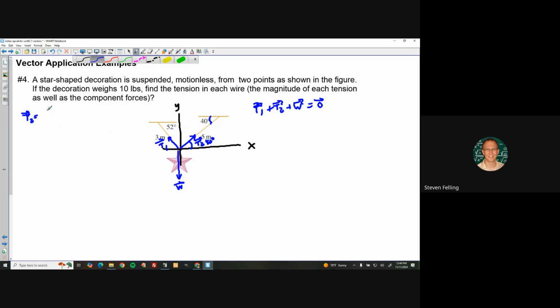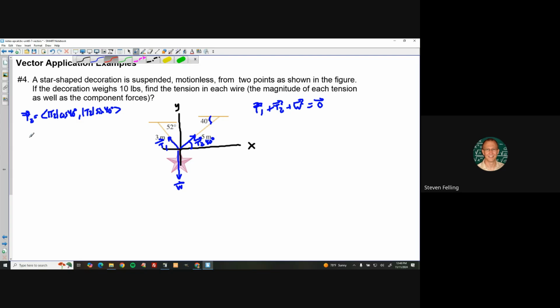Tension 2 is some currently unknown magnitude of tension 2 times the cosine of 40 degrees, and some currently unknown magnitude times sine of 40 degrees for its y component. So that can be broken down into an x component and a y component: whatever the tension is times cosine 40, and whatever that tension is times sine of 40.